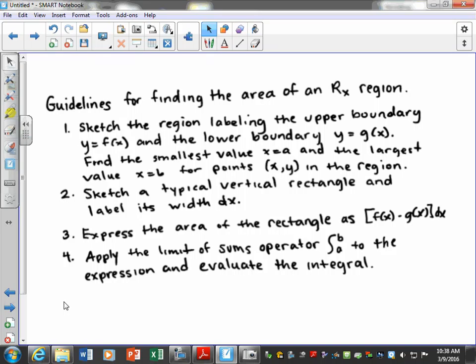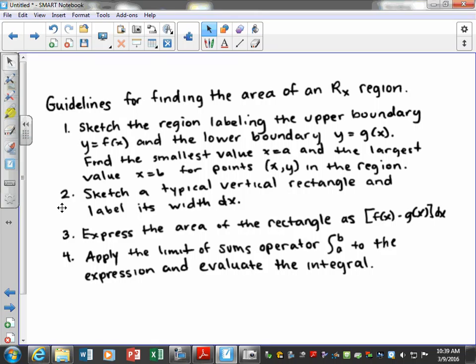But on this next screen, I have guidelines written down for finding area of an Rx region. So if you would pause it and write this down or print out the PDF. The first thing we'll do is sketch the region, label the upper and lower boundaries, and find the smallest value x equals a and the largest value x equals b for our points, so in terms of x.